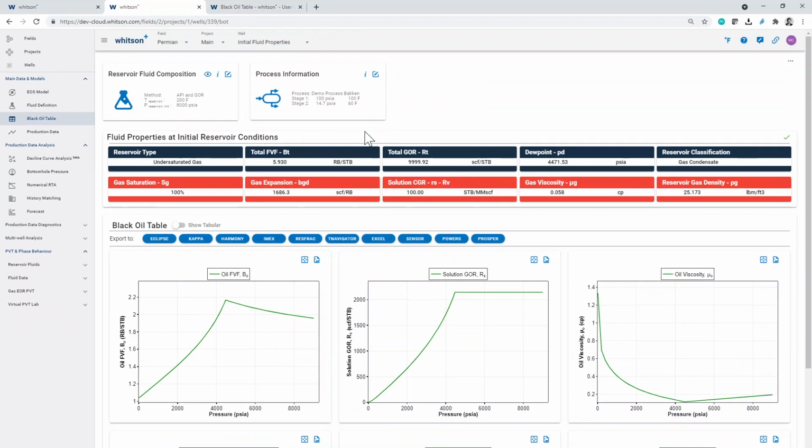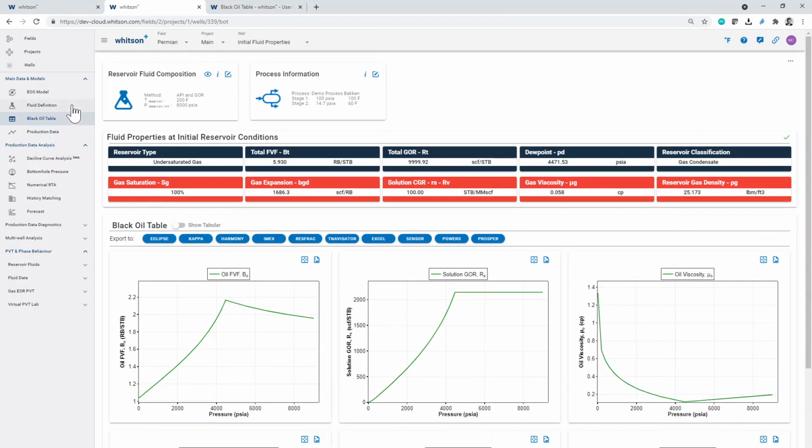But in the exact same way, even though it's a gas condensate, you can take the hydrocarbon pore volume, divide by the BT, and that gives you the original oil in place. And to get the original gas in place, you simply take the calculated oil in place and multiply with this RT number right here. Very, very simple.